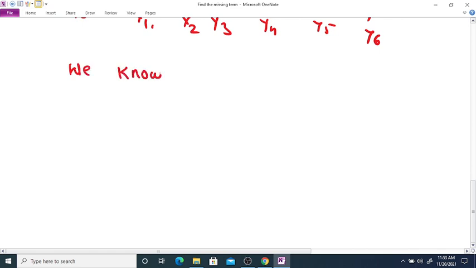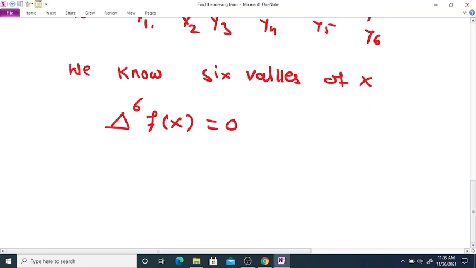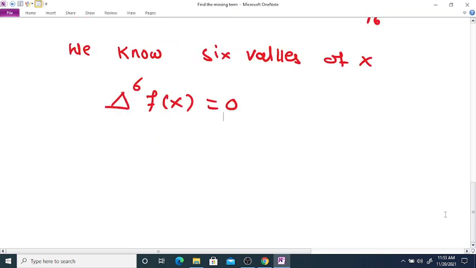So its fifth difference is constant, and its sixth difference, that is delta raised to 6 f(x), is equal to 0. But what is delta? It is equal to E minus 1, so (E minus 1) raised to 6 f(x) is equal to 0.